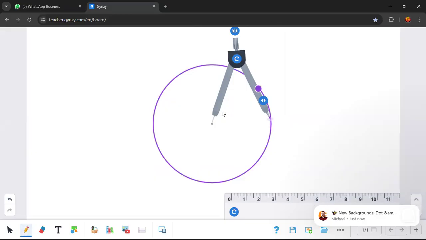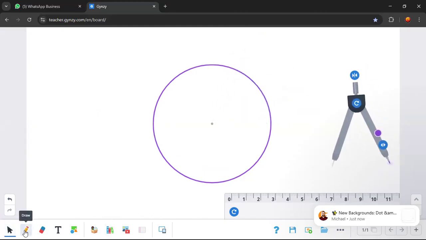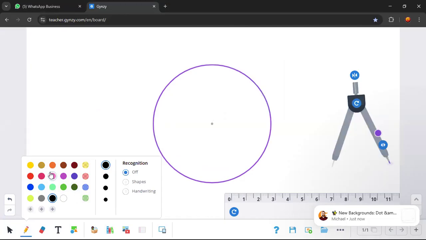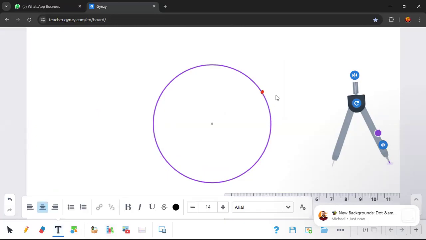I will take my pencil and draw the point as A. First of all, I will remove the compass, then I will draw my dot with a red mark somewhere around here. So this is my point A.